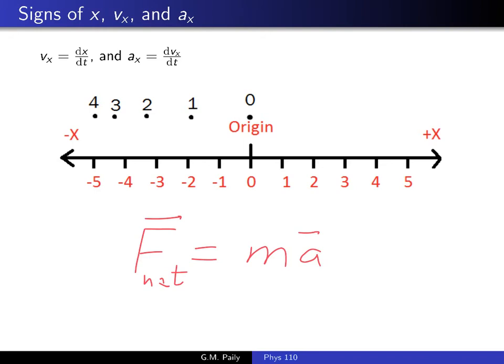If the force points to the left, so does the acceleration. You can imagine that as this particle moves to the left, since the gaps are getting smaller and smaller, there must be a force pushing on it, which points to the right. Since the force points to the right, so does the acceleration. And since the right is the positive x direction, that means ax is positive.